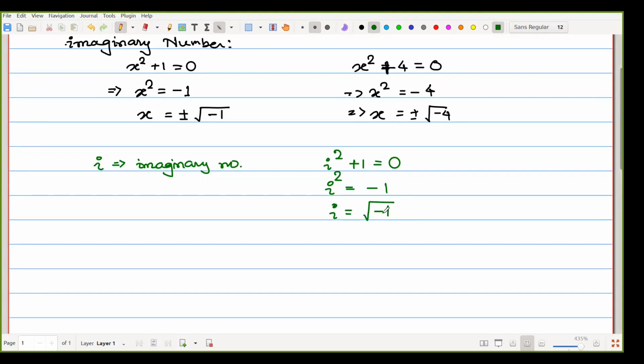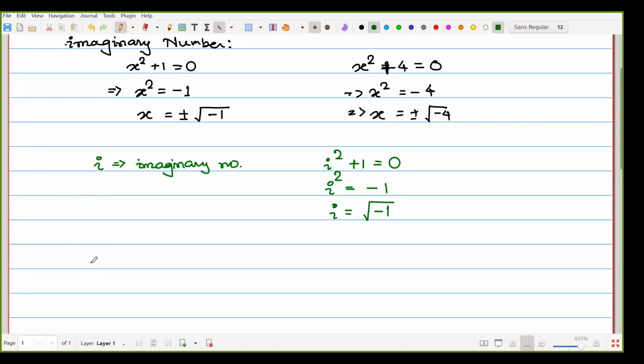So wherever we are getting the square root of any negative integer, we are thinking about the imaginary number.